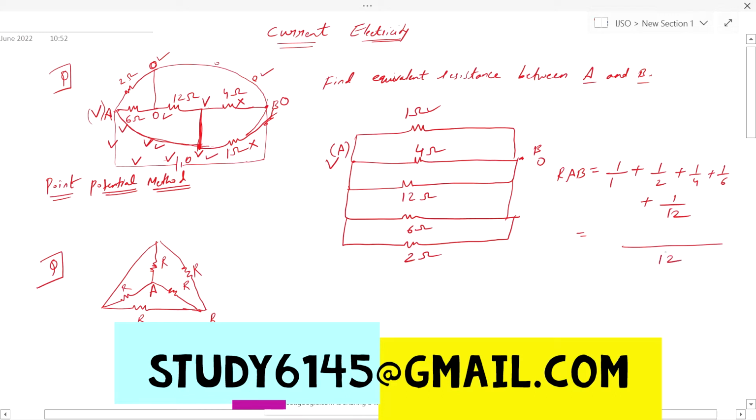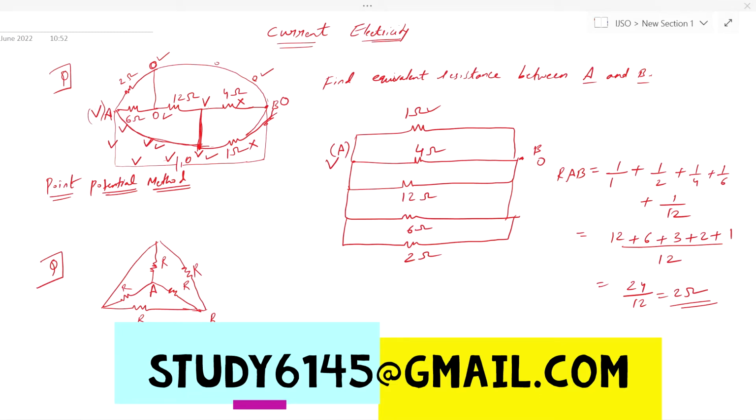So 1 by 4, plus 1 by 12, 18 and 6, 24 by 12. 2 ohms is the correct answer. Just write down the next one.